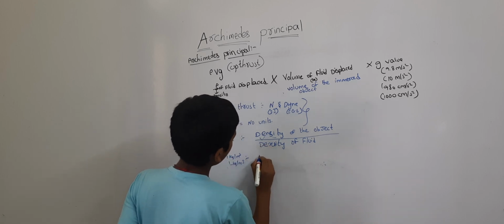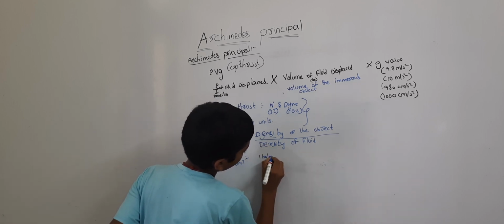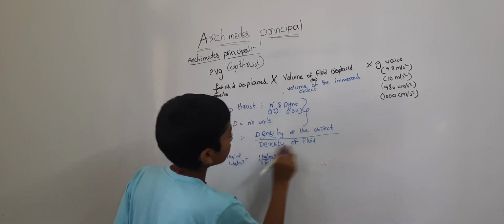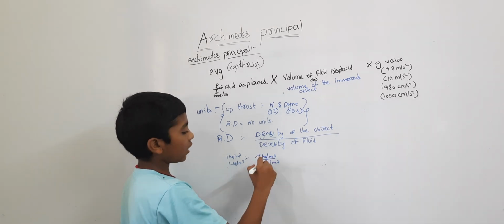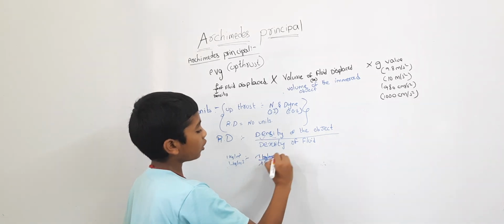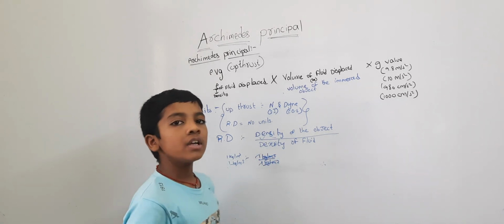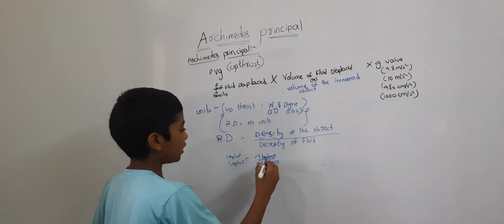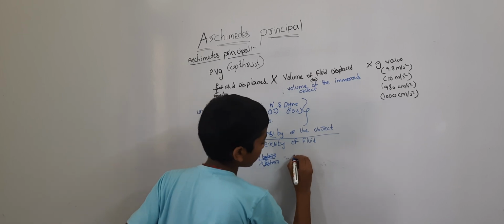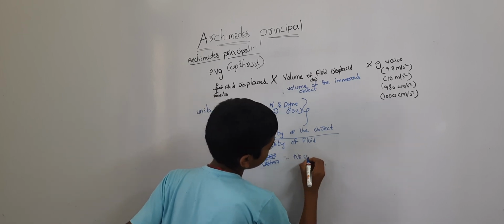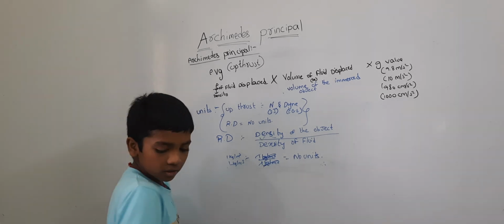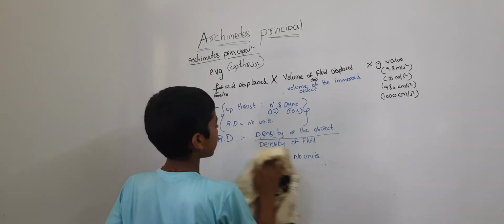Here 1 cancels, and both units are cancelled because numerator and denominator are both densities. The density units are cancelled and relative density has no units. No units.